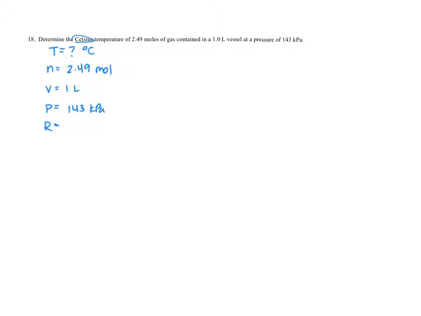So in this case, it's kPa, so the R value is 8.314. So then I'm going to use my ideal gas law equation. Plug everything in. 143 times 1 equals 2.49 times 8.314 times T. So I'm going to multiply and divide, use my algebra, and I'm going to get 6.91.